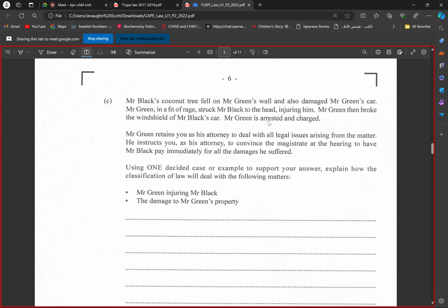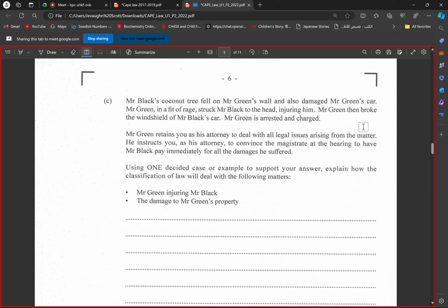So Mr. Black's coconut tree fell on Mr. Green's wall and also damaged Mr. Green's car. Mr. Green, in a fit of rage, struck Mr. Black on the head, injuring him. Mr. Green then broke the windshield of Mr. Black's car. Mr. Green is arrested and charged. Mr. Green retains you as his attorney to deal with all legal issues arising from the matter.